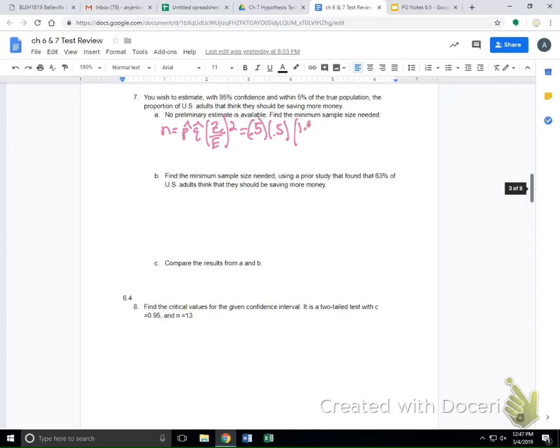And then you have 1.96, which you're using based on your critical value. Remember, you have to use that alpha, and you know that your confidence level is 95%, all over your error, which is 0.05 squared. We end up with 384.16. And you can't have half of people or 16ths of people, so what you're going to do is you're going to have 385 adults.